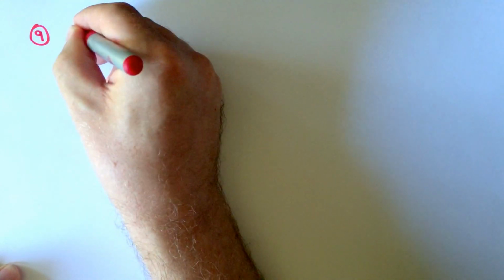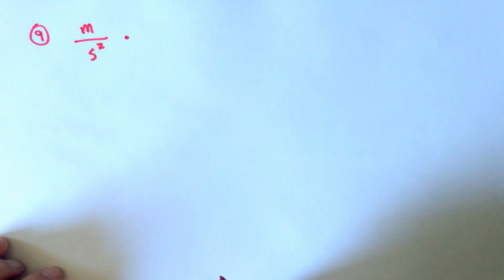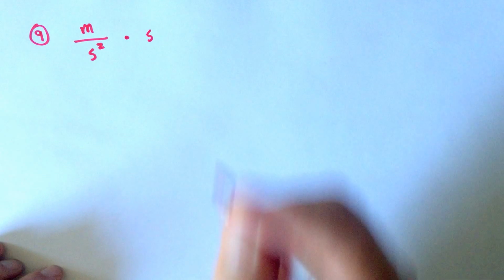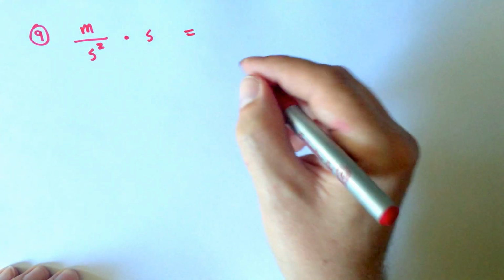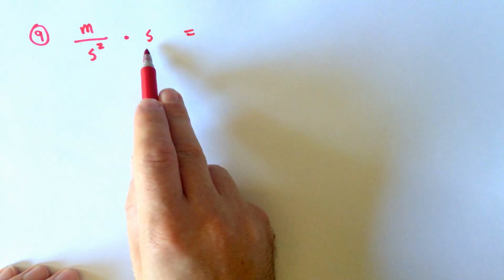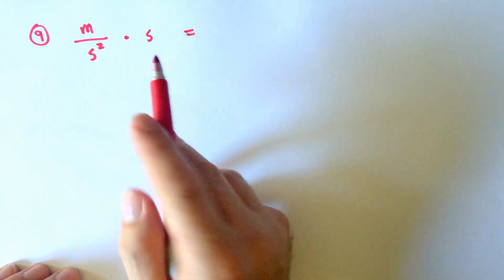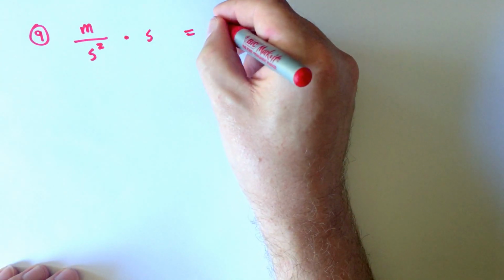Nine says this. It says, how about if we take meters divided by seconds squared times units of seconds? What would that equal? And we can do this by saying, well, if I'm going to multiply a fraction and a non-fraction, I can create a fraction out of this second by doing this.